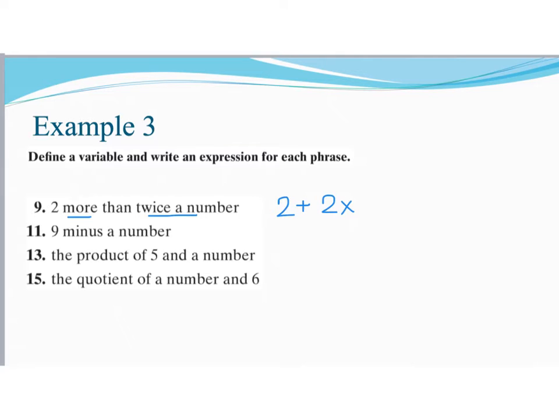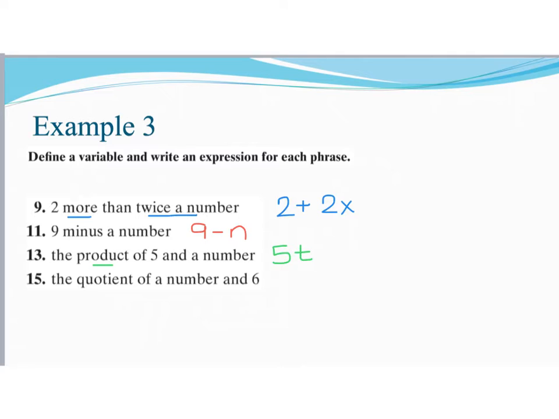For the next one, we have 9 minus a number. So 9 minus, we'll say a number n. 13 says the product of 5 and a number. Well, product indicates multiplication. So I could say 5t.